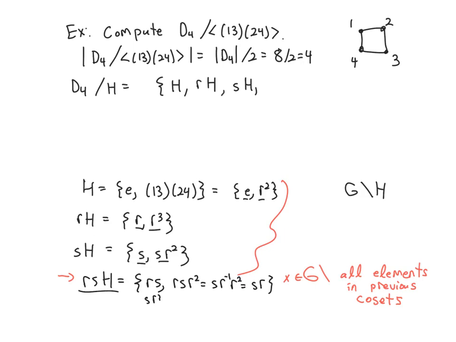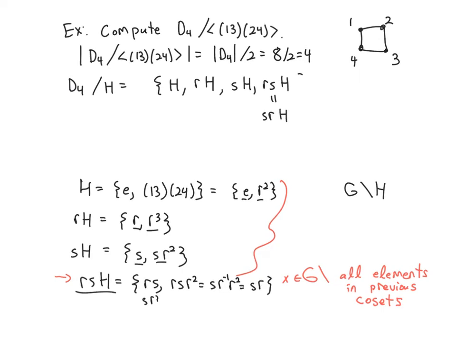Yeah, that works. This calculation I just did showed that's the same thing as if you did SRH, by the way. Either one of those two answers gives you the same thing, actually. So congratulations, we found the 4 cosets in this coset space.